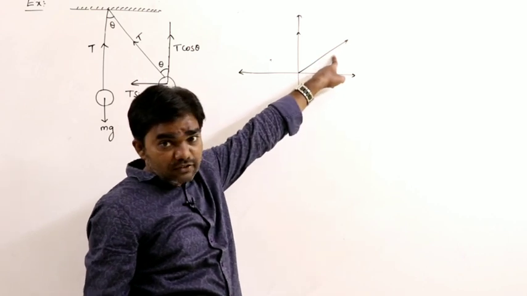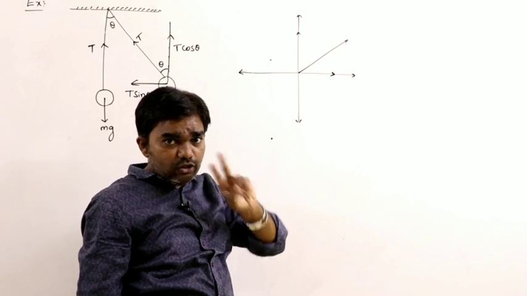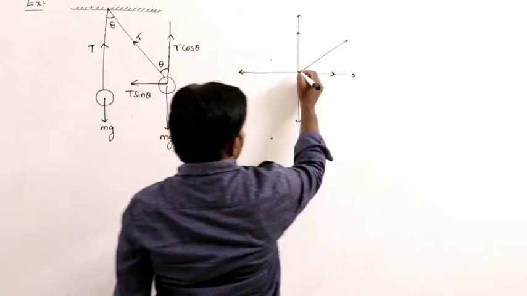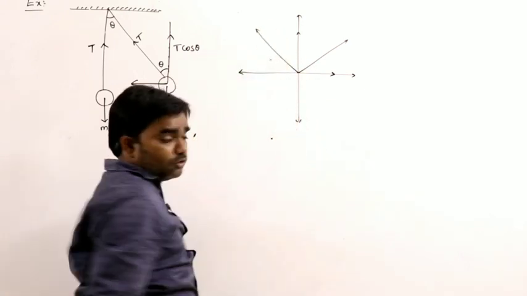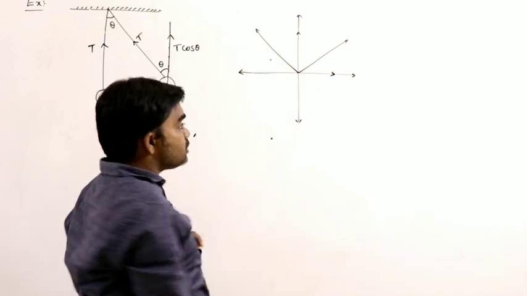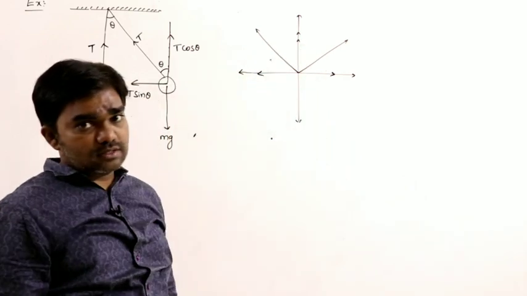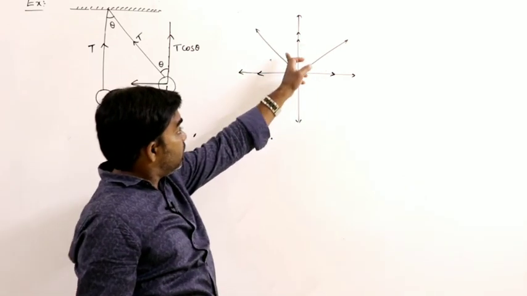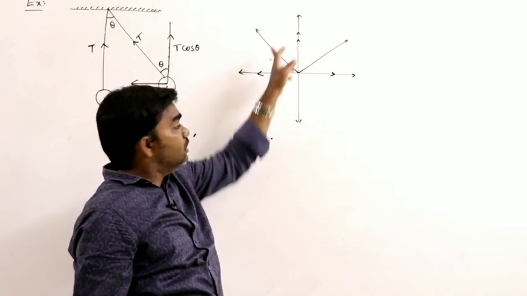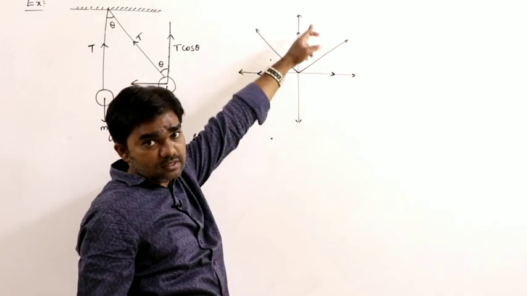If the vector is in the second quadrant, the two components must be one along the negative x axis and the other along the positive y axis.